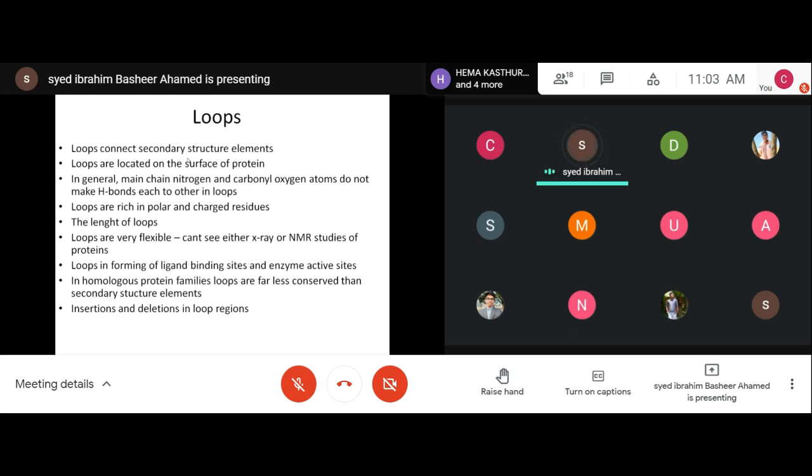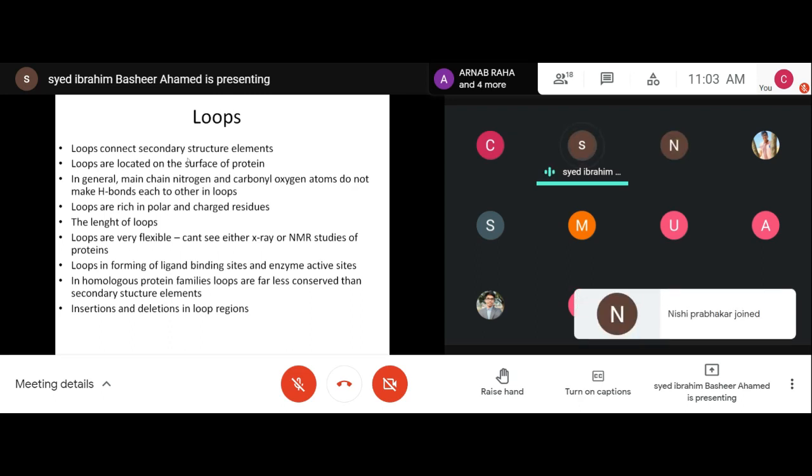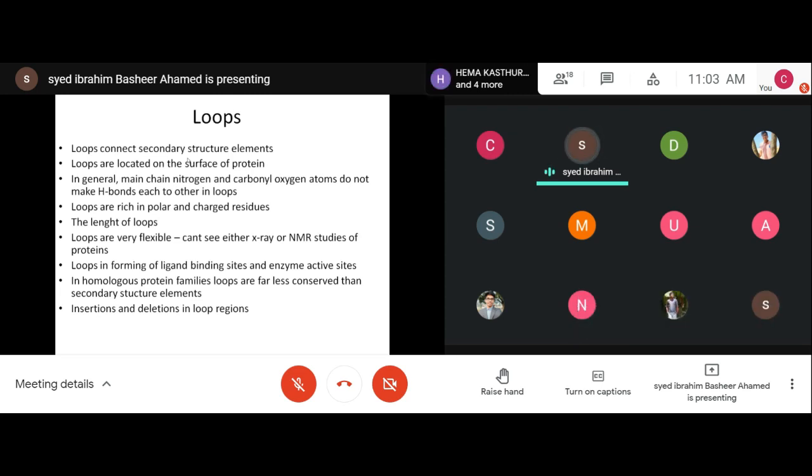Then we have another secondary structure called a loop. The length of the loop will vary from protein to protein. The same protein can have different lengths of loop. Almost all insertions or deletions will happen most of the time in the loop region only.